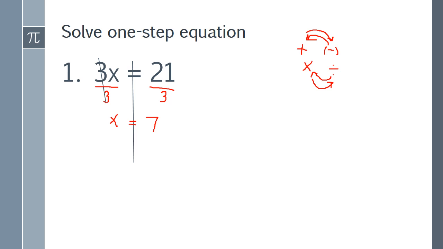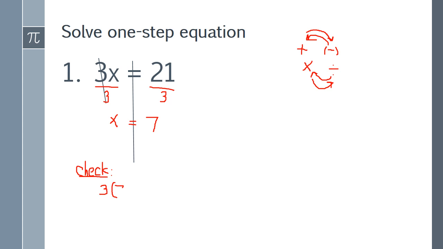Now, how can I make sure that my answer is correct? The only thing I need to do to be able to find out if my answer is correct or not is to do what we call the check, which is basically substituting the value of x, which is in this case 7, in the equation and evaluate the equation to see if we're going to have equal sides at the end.